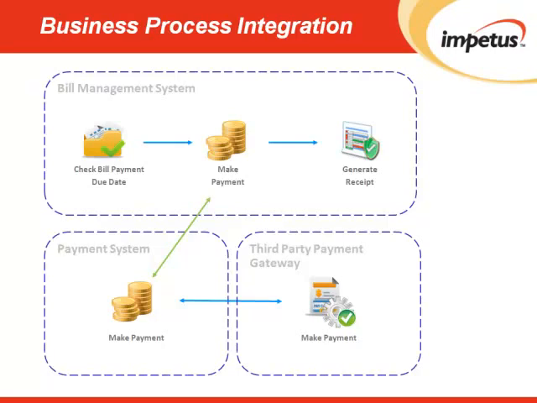The external payment management system can be the tenant's in-house application integrated with the SaaS-based automated bill management system. The payment system processes the request and returns the response token back to the bill management system, which finally generates the receipt for the user. The complete bill payment processing in this case is distributed over two different systems, which are integrated to complete the task based on the required business flow.